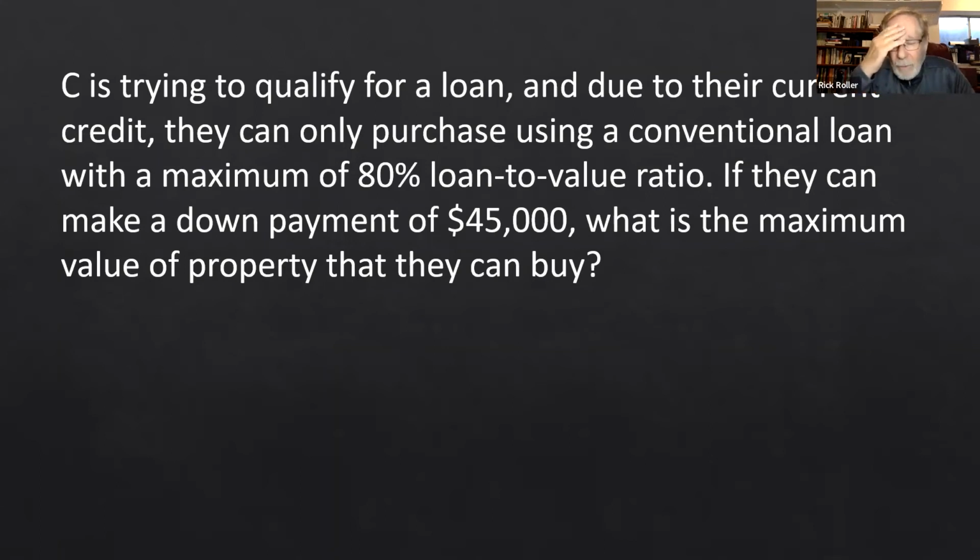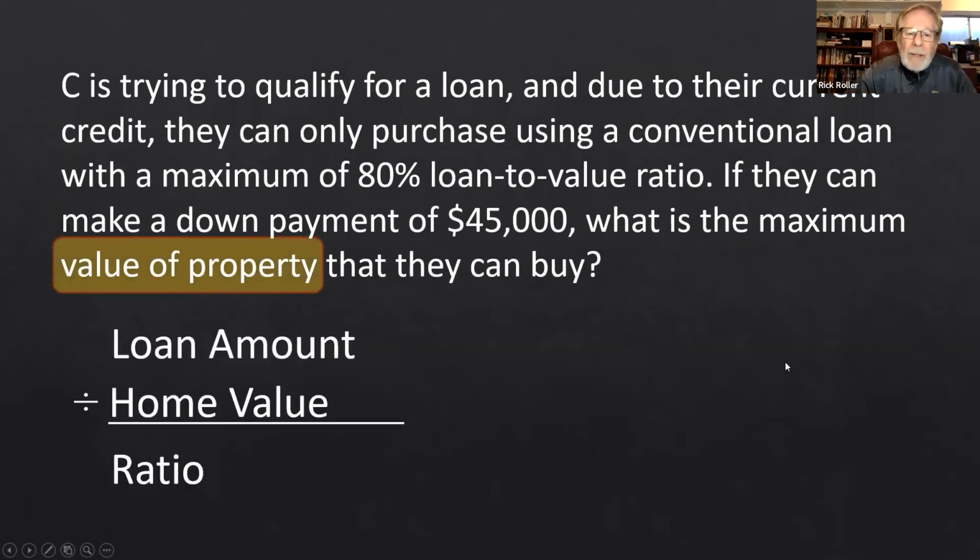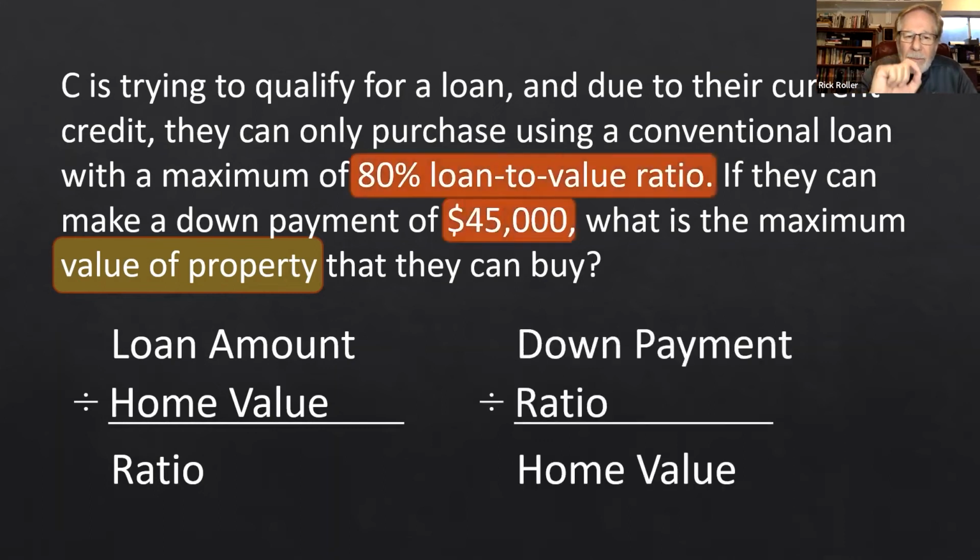Well, let's look at a formula here. Well, no, first let's look to see what the numbers are. We're trying to solve for value of the property, right? And what numbers do we need to do this? Well, we need the 80% loan to value. That's important, right? And we also need the $45,000 they have for down payment, okay? So if you have a loan amount divided by the home value, that gives us the ratio there.